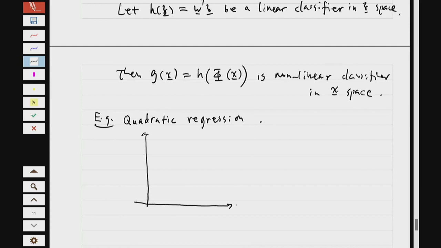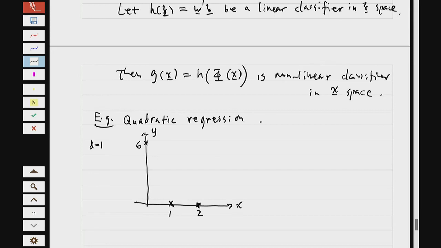To make things easy, again, we consider the case d equals 1, one-dimensional space. Let's say we have a few points, 1 and 2, and then let's say this point is 6 over here. This is y, of course. These are the 3 data points that you're given.